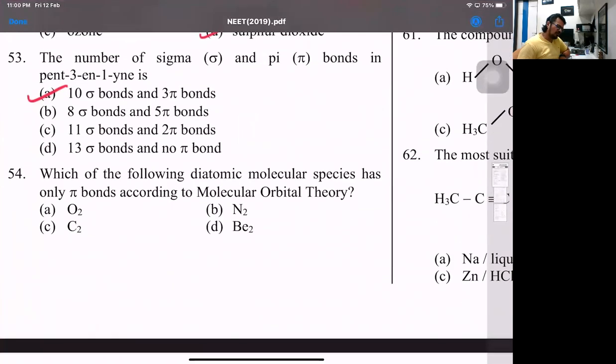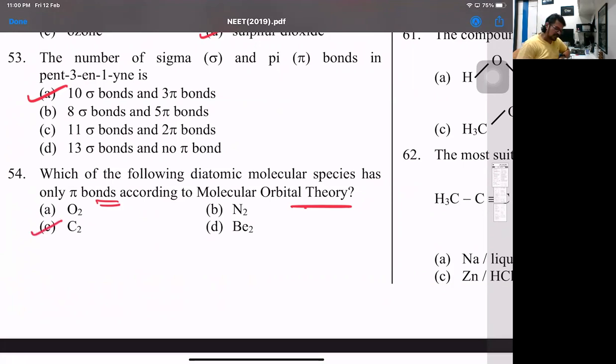Then, which of the following diatomic molecules has only pi bonds according to MOT? There's only one compound. Oxygen is paramagnetic. This is clear. O2 has 1 sigma and 1 pi. Nitrogen is basically a triple bond, so 1 sigma and 2 pi. Be2 molecule, if you remember, does not exist. So there is only one option left, that is C2.